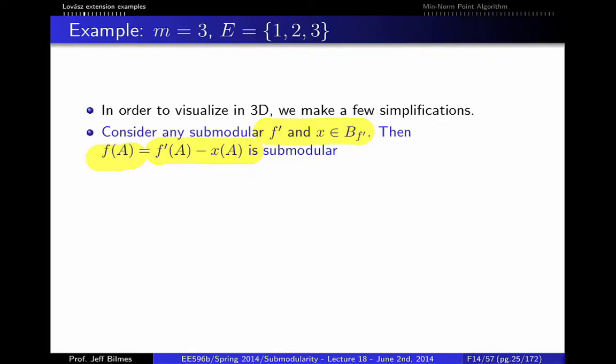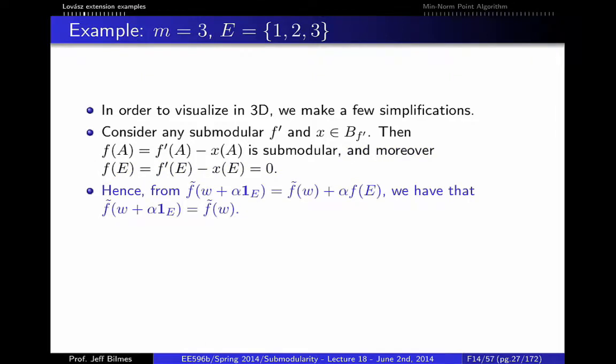It's just submodular minus modular. Now this is one that has the property that f evaluated on the ground set is going to be 0, because we're taking x in the base, right? It's still submodular, of course. And in fact, all we've done is shift things around a little bit. So again, the inherent structure and the interaction, as we've been arguing all quarter, doesn't really change the nature of the submodular function at all.